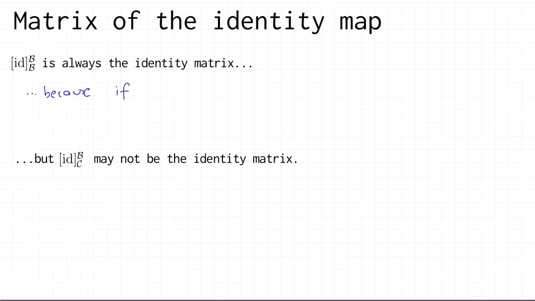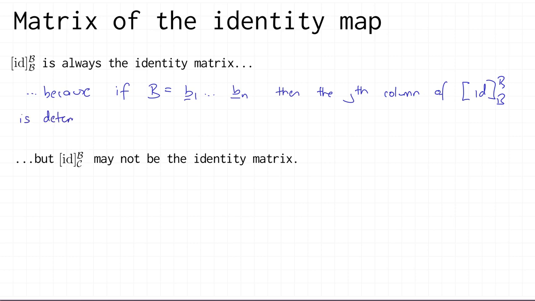is that if you're working out the jth column of the matrix of the identity with respect to initial and final basis B, so if we have B is b1 up to bn, let's say, then the jth column of the matrix of the identity is determined by, well, what do I have to do?